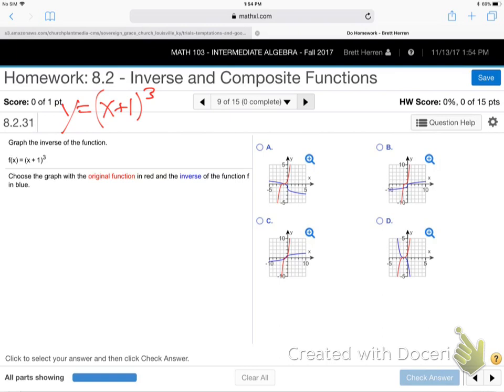So switch x and y, solve for y. No, we're not factoring it. Just switch x and y, solve for y.